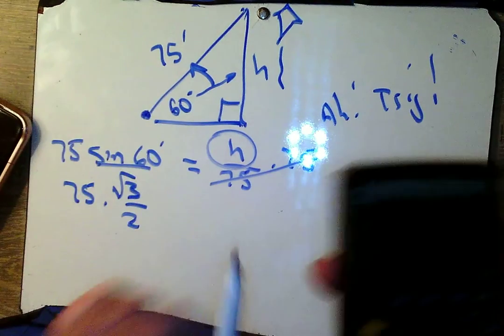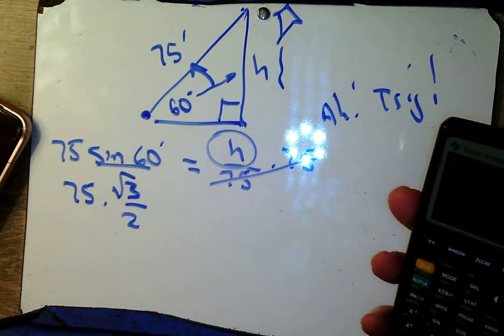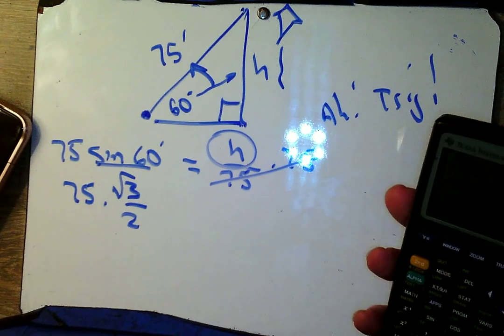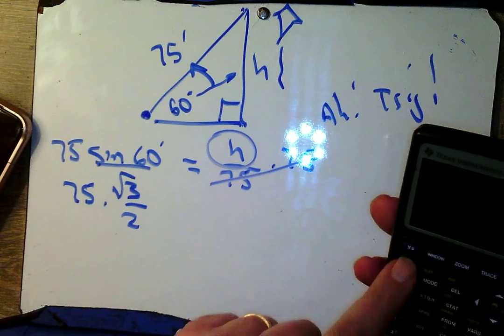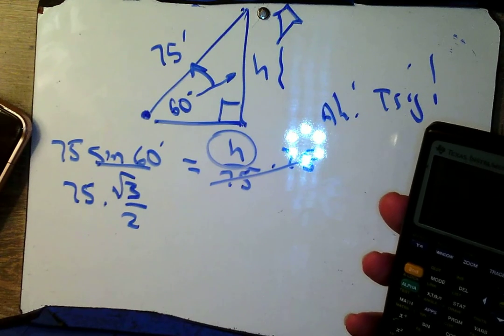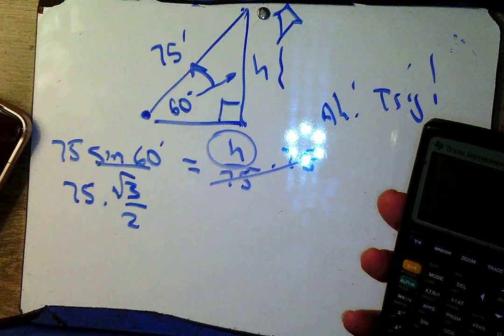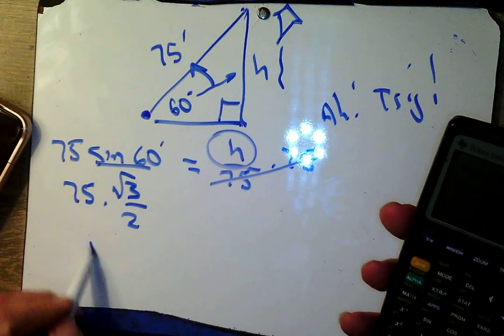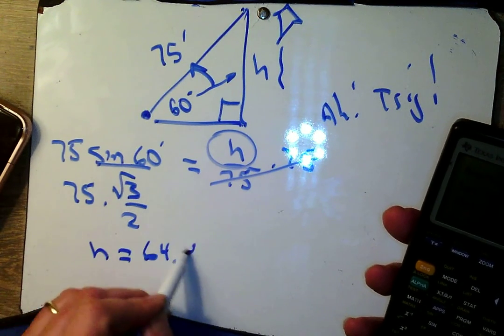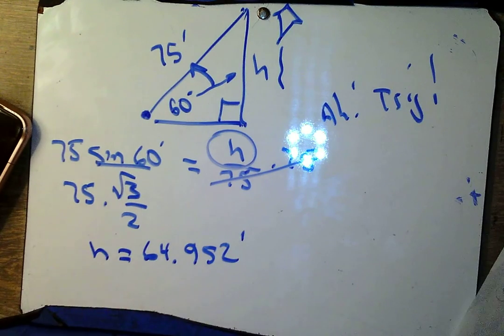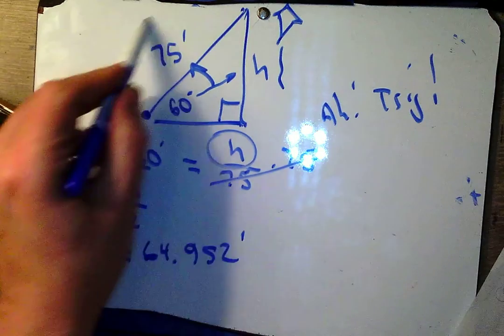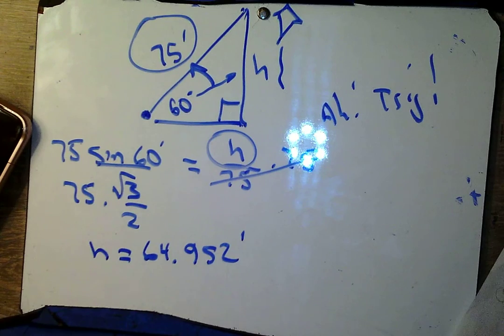So 75 times square root of 3 divided by 2, and I get that the height is 64.952 feet. Remember, this has got to be the longest side, the hypotenuse.